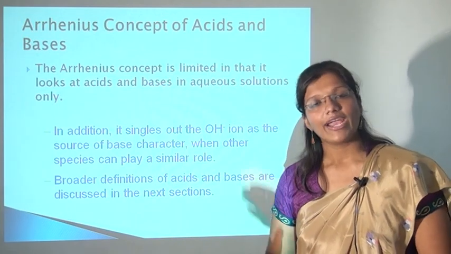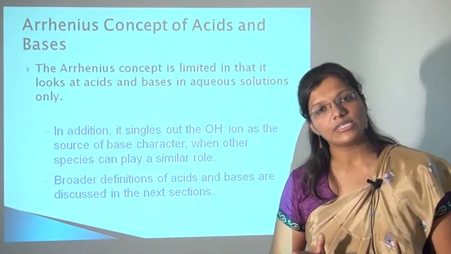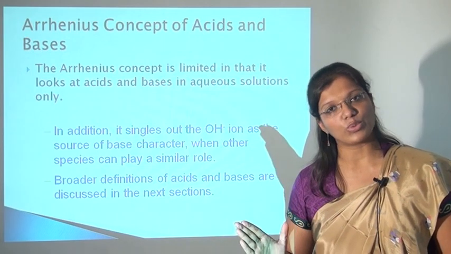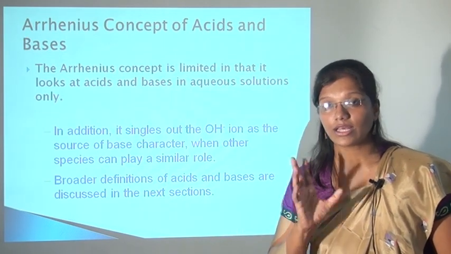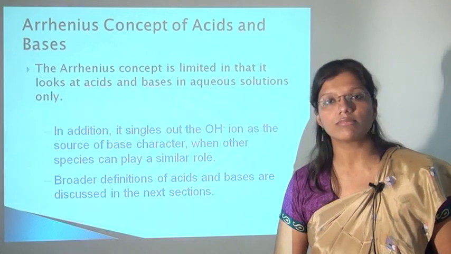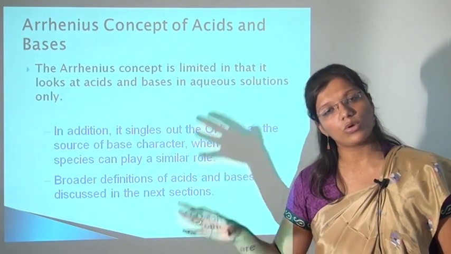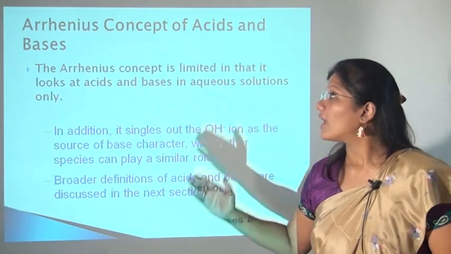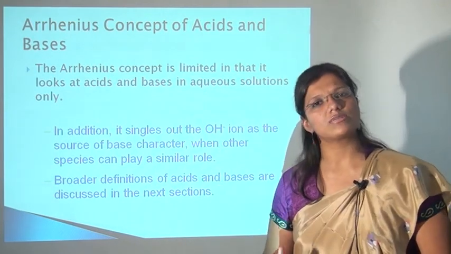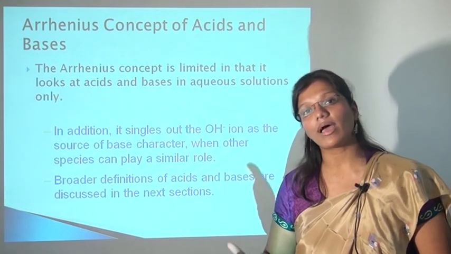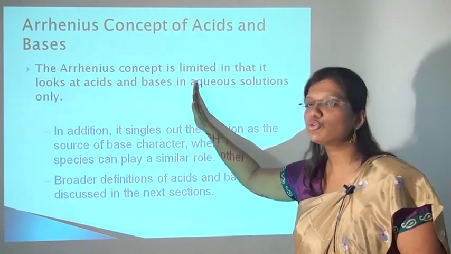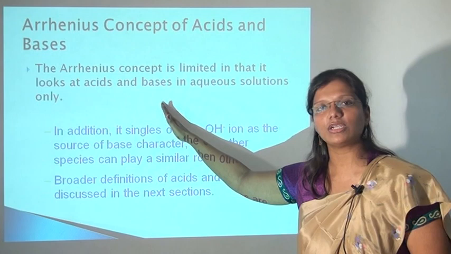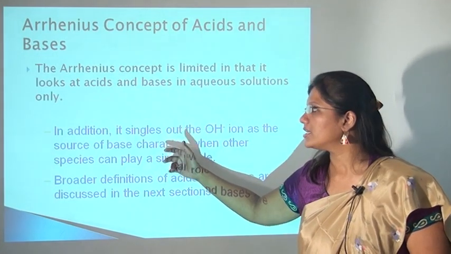It only considers that if we dissolve a substance in water and get a higher concentration of H plus, it becomes an acid, and if we get a higher concentration of OH minus, we get a base. But when we dissolve a substance in any other solvent, it cannot be explained through the Arrhenius concept. This is the main limitation.